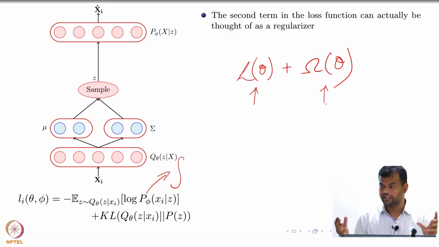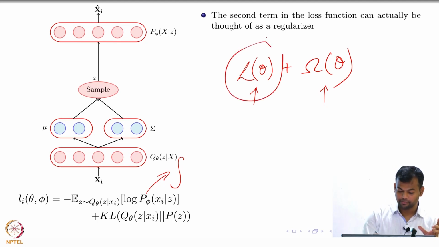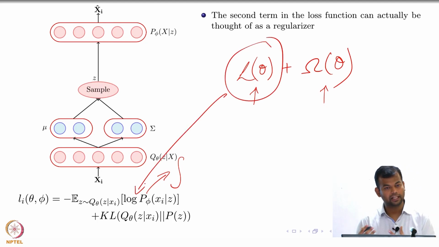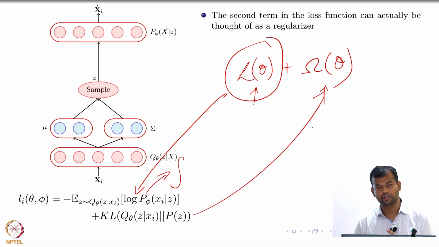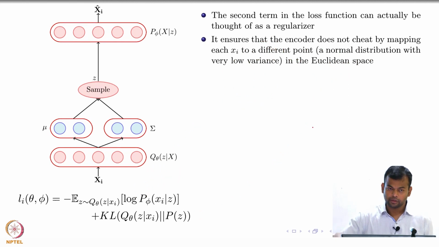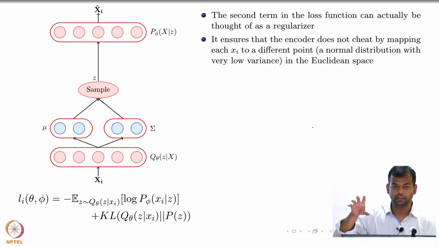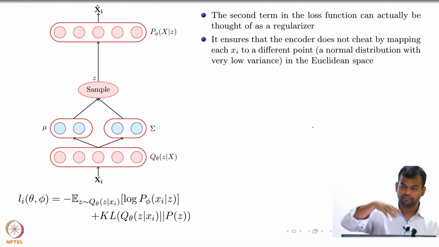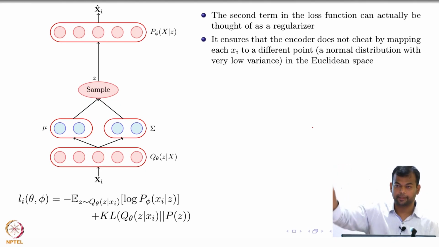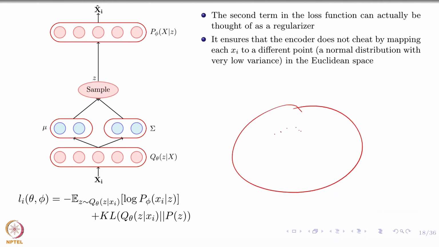So now can you think of the first term as corresponding to the likelihood of the training data, and the second term as corresponding to some kind of a regularizer, right? What it does is ensure that the encoder does not cheat by mapping every x that I feed to it to some unique z. Okay, so I have some x's. They actually come from some distribution, right?